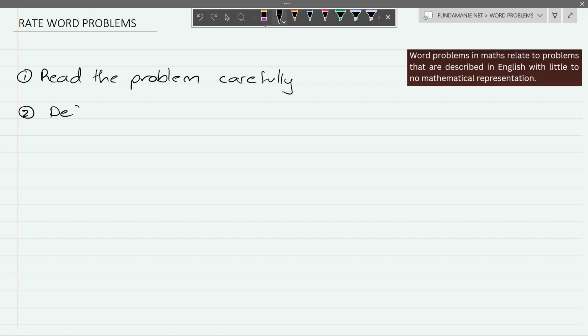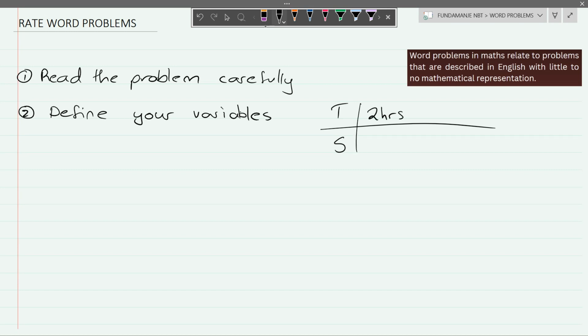You need to define your variables. Defining your variables is related to assigning variables to the unknowns and assigning values to your knowns. You can be told something about Thabo, represent that with T. You can be told something about Sarah, represent that with S. Since this is a rate problem, you're told that Thabo takes 2 hours to travel 40 kilometers.